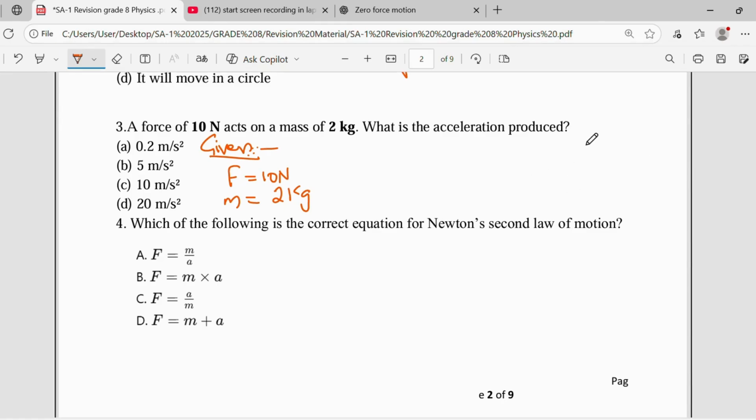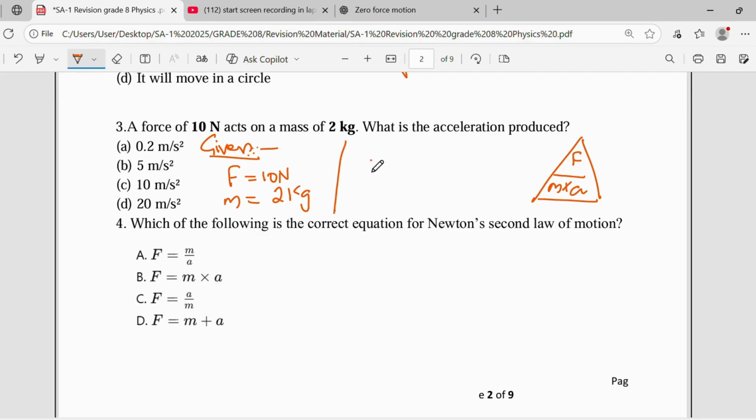So use the triangle method here. The relationship between force, mass and acceleration is force equals mass times acceleration. So here we need to find the acceleration.